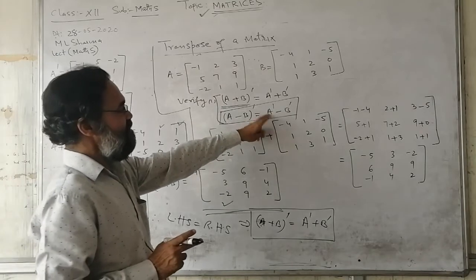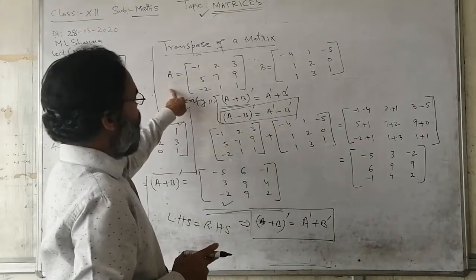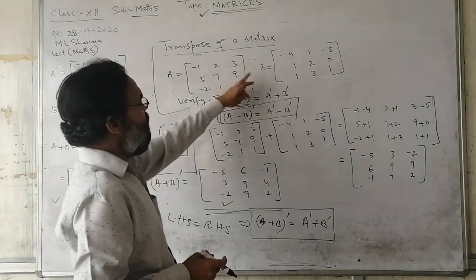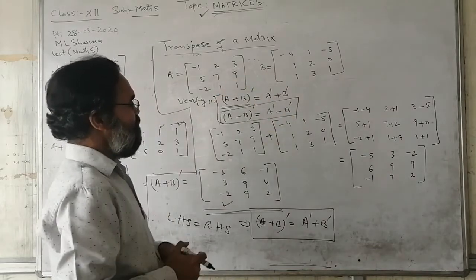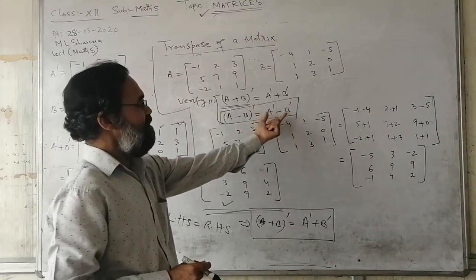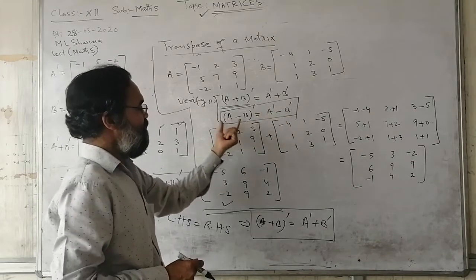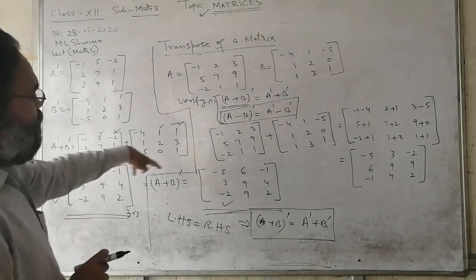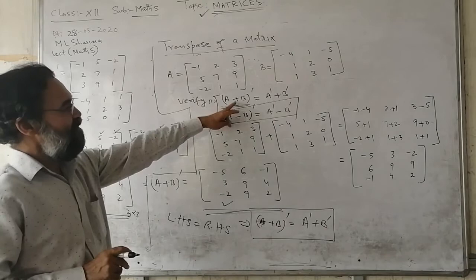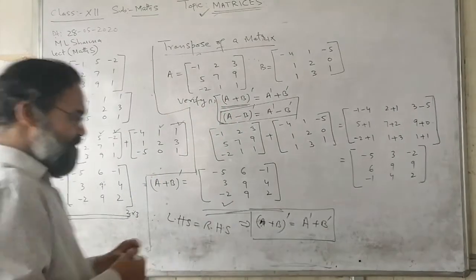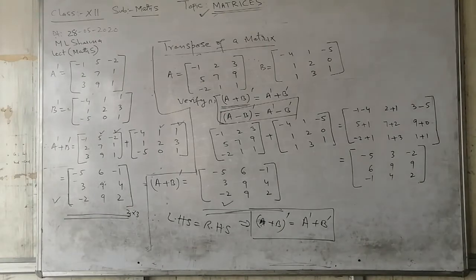Then at right hand side, A is given, A transpose can be calculated. Then B is given, B transpose can be calculated. Then subtract these two. So this right hand side will equal the left hand side. So this you will prove yourself. The same steps you have to follow, but instead of plus you have to take minus only. So you try this at your home.